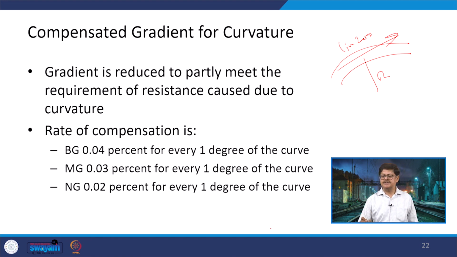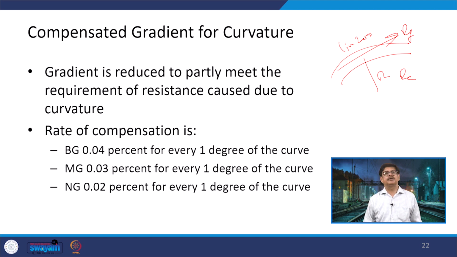So, two resistances are being offered, one resistance is Rg and another is Rc, and when they both come together, this will create a big problem to the locomotive hauling capacity. That is where we need to compensate the gradient if the curvature is overlapping at that particular point.